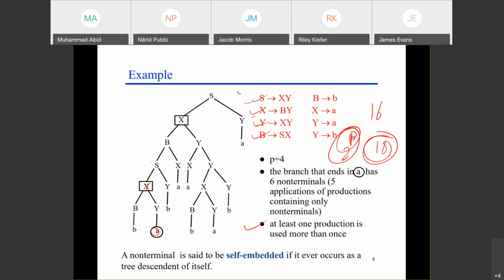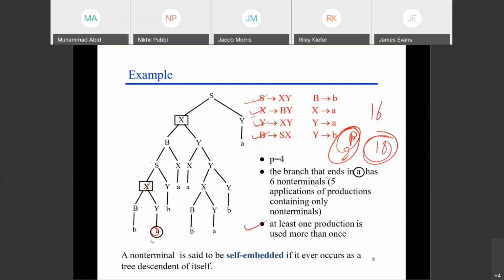Now, am I able to find any other self-embedded tree here? Look at this one, X, BY, X, BY. You can reach from this tree to this tree, going from here, here, so this is also self-embedded. Let's find some more.